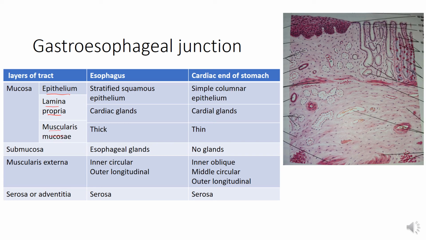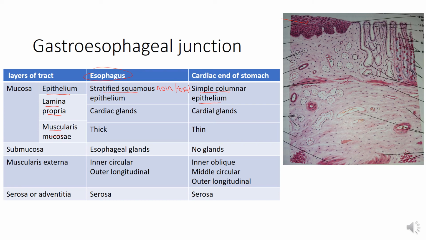Now, epithelium in case of esophagus is stratified squamous, non-keratinized. Here you can see the stratified epithelium, non-keratinized. And in case of stomach, an abrupt change occurs, and there is a change from stratified squamous to simple columnar epithelium.